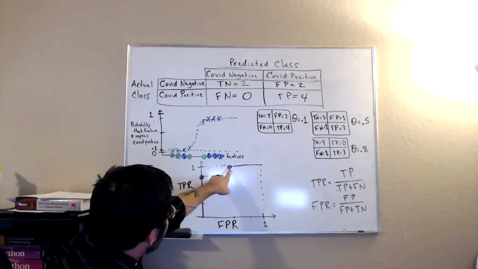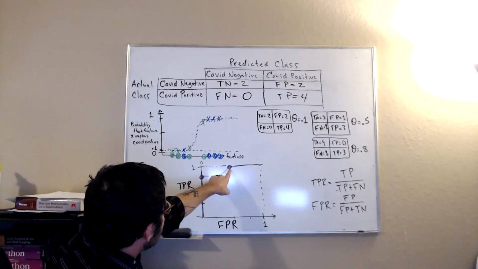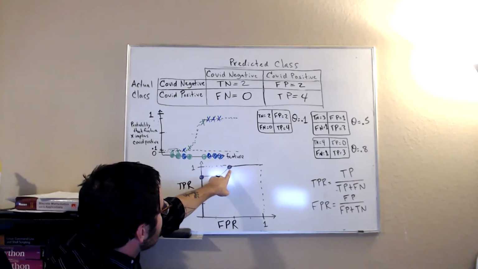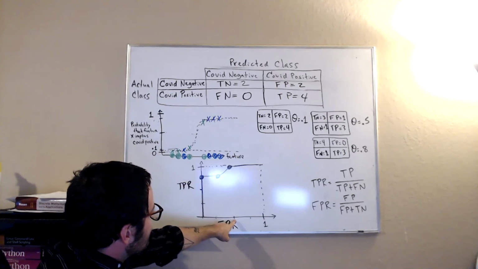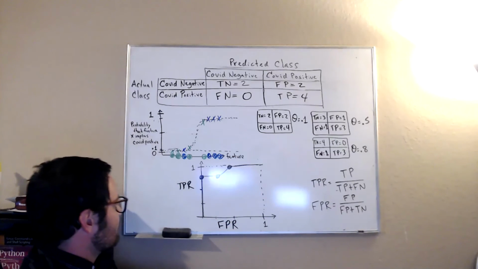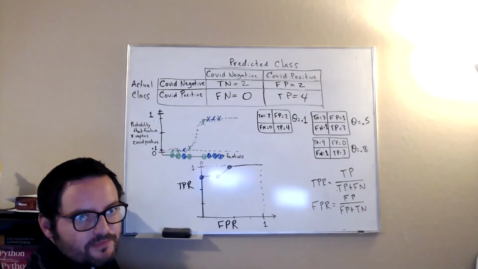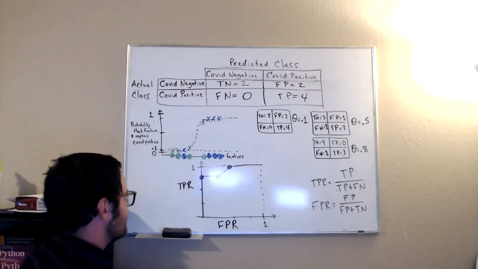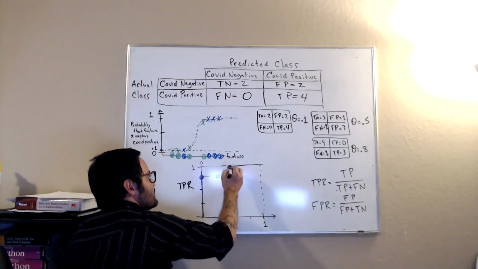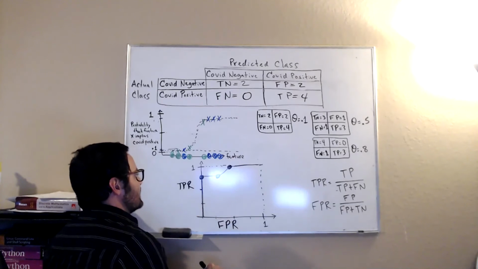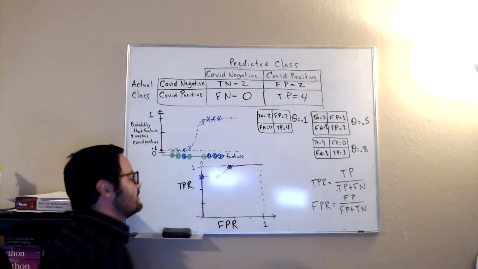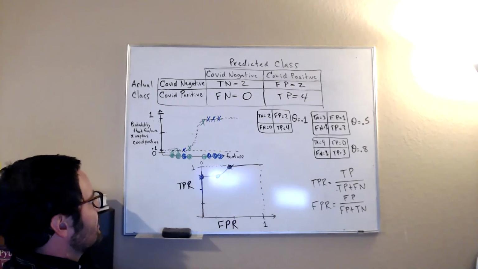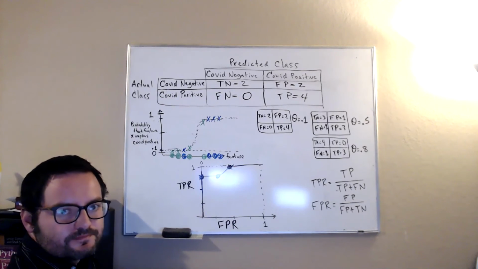Here you get all of the true positives, but you also report some false positives. In the case of the COVID example, you'd want to choose a threshold at this bend here. But depending on your application, your bends are going to determine what thresholds you typically want.